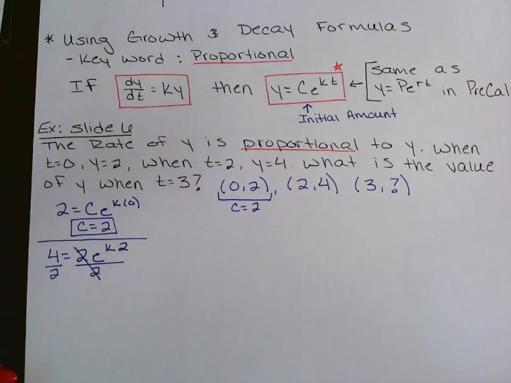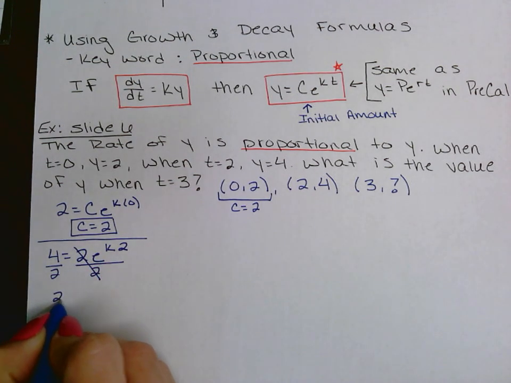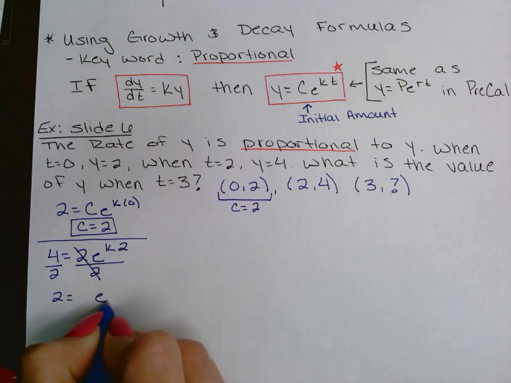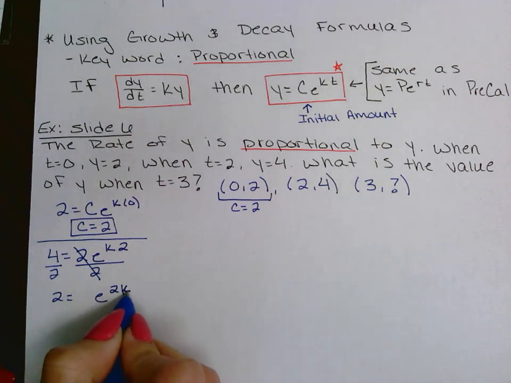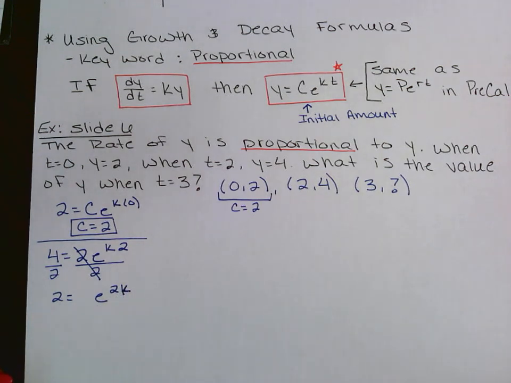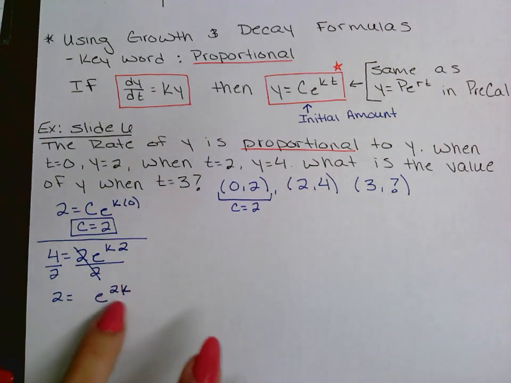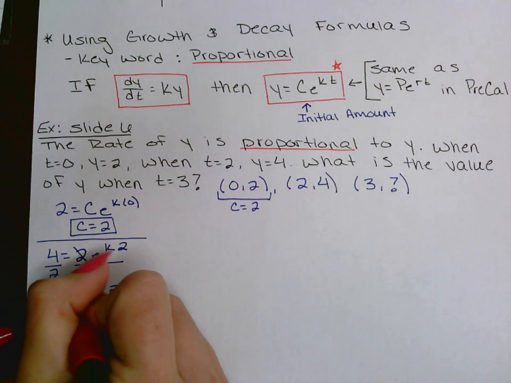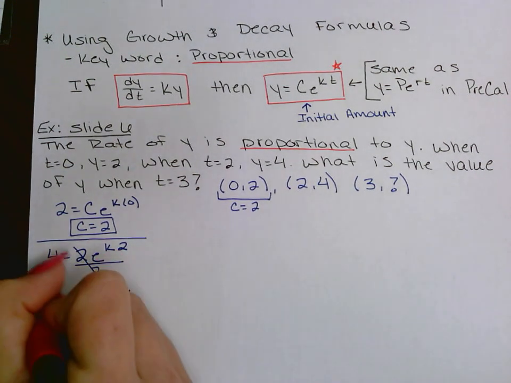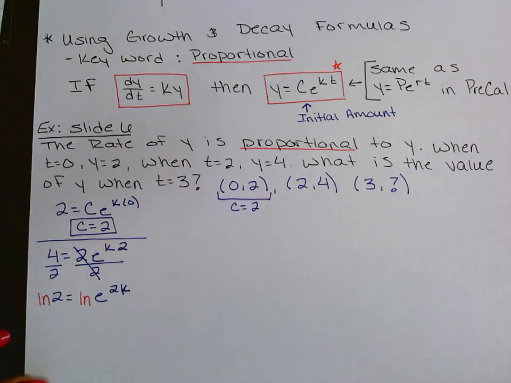Okay. So now I have 2 equals e raised to, and I'm going to put the 2 in front of the k just because I'm used to seeing my coefficients in front of my variables. Okay. Now, who remembers what I can put in front of that e to move that 2k out of the exponent spot? ln. So I could put an ln, but if I do it on one side, I have to do it to the other.